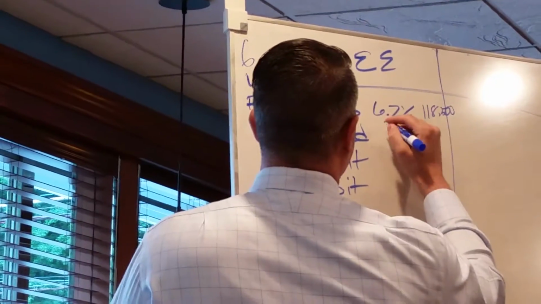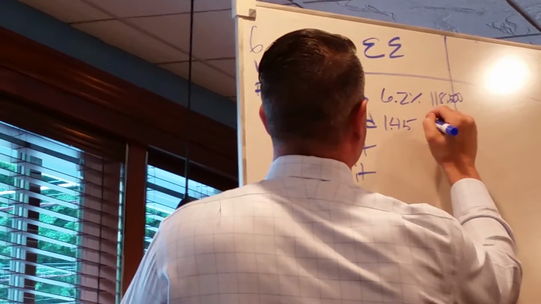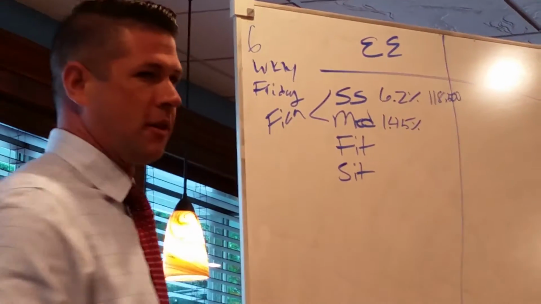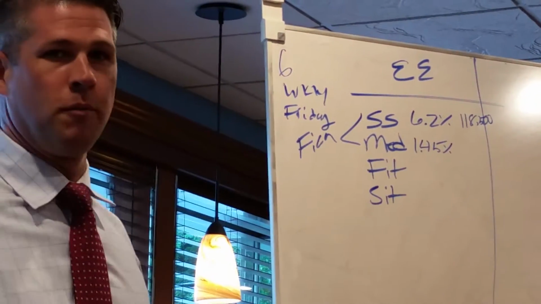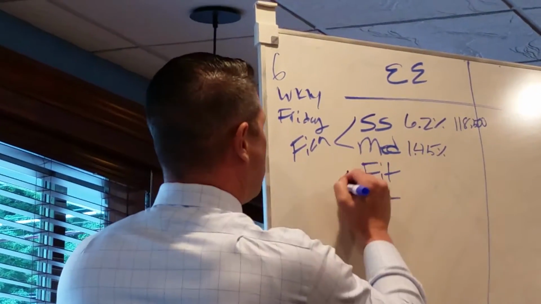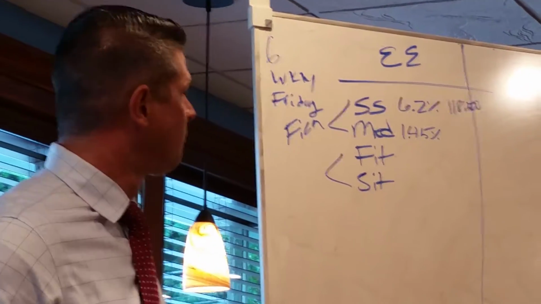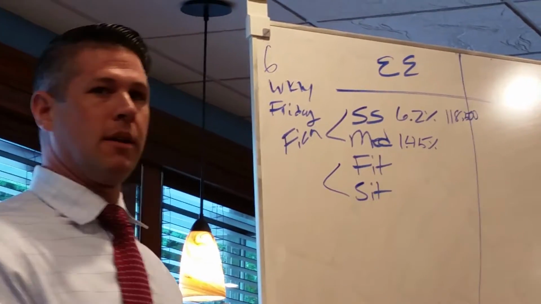Medicare is 1.45%, and that's a little different because it's not capped. So if you make $250,000 a year, you've got to pay that 1.45% no matter what.